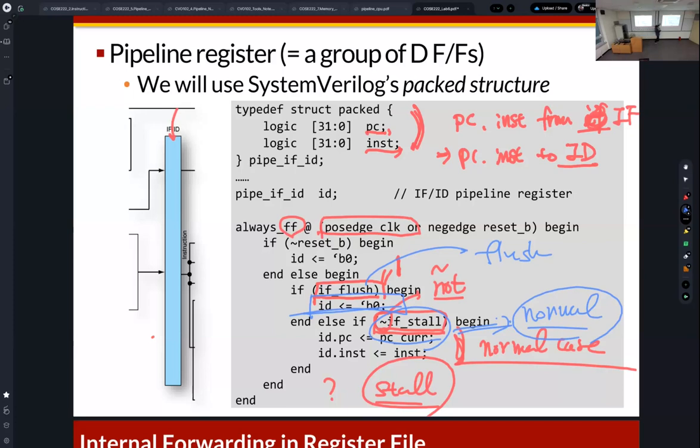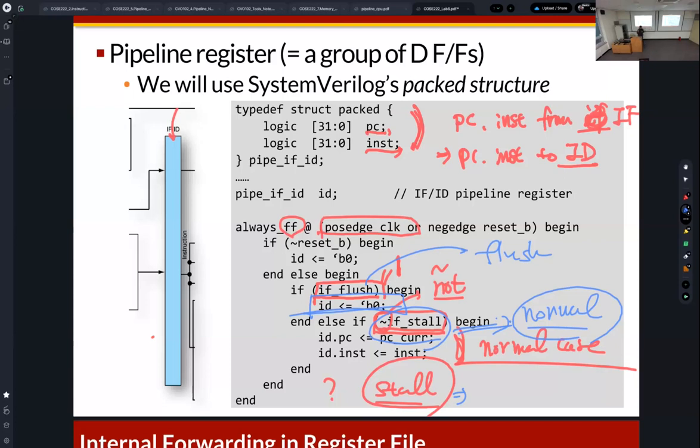The stall case is not defined, but it's okay because, as you can see, the not stall case is the remain case. So for this situation, I do not define any change.